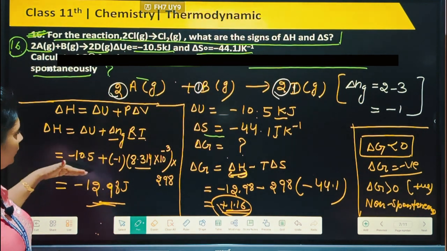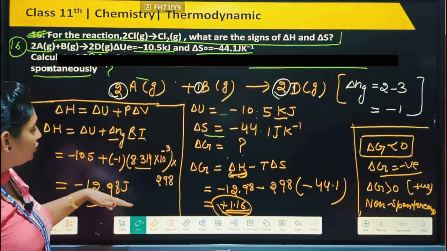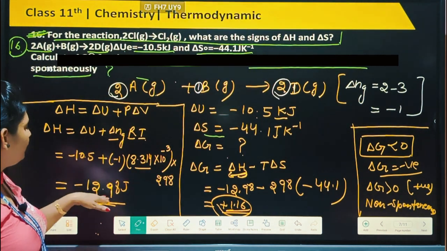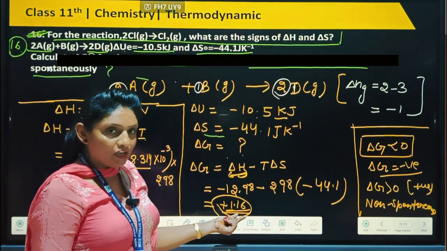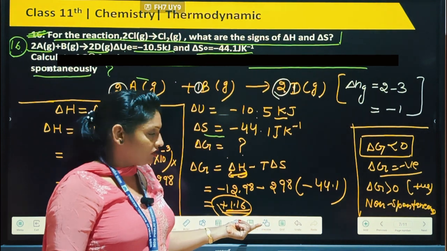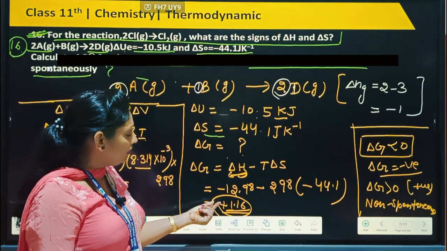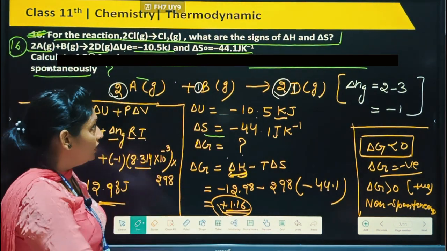So you will put the values. After putting values, you will get the value of del H. Then you can put the value of del H and you can get your desirable answer. Okay students.